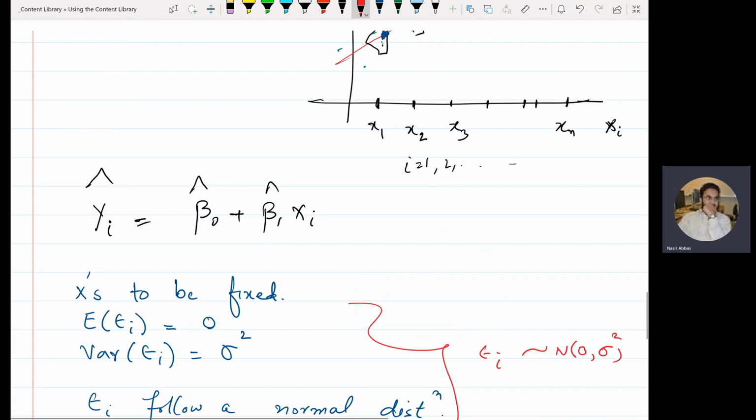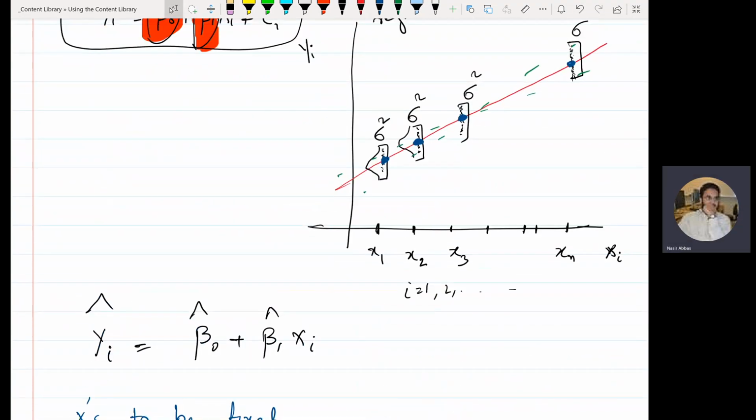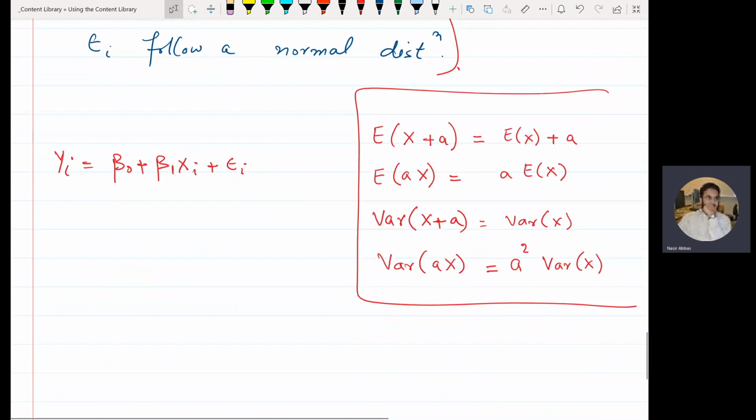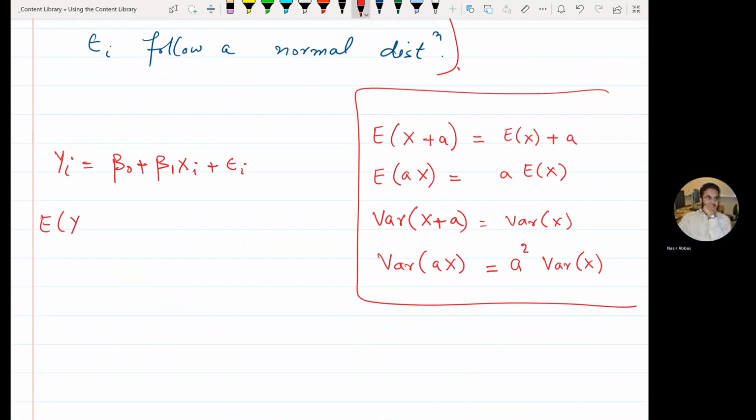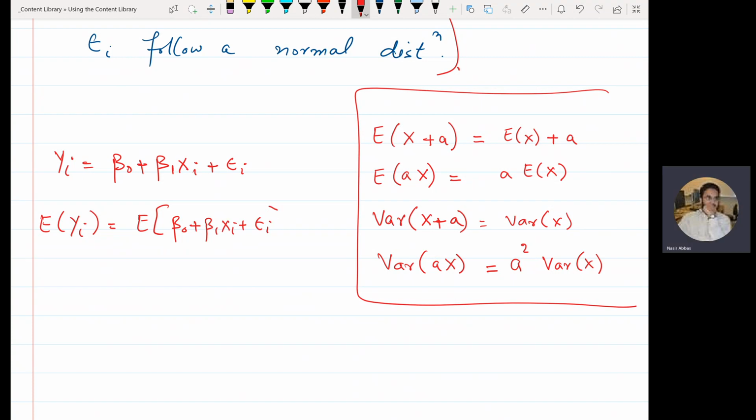What I was saying here is that at each point I have the mean of the distribution in the blue dot. So let me theoretically find what this mean is. If I apply the expectation on both sides, this will happen.